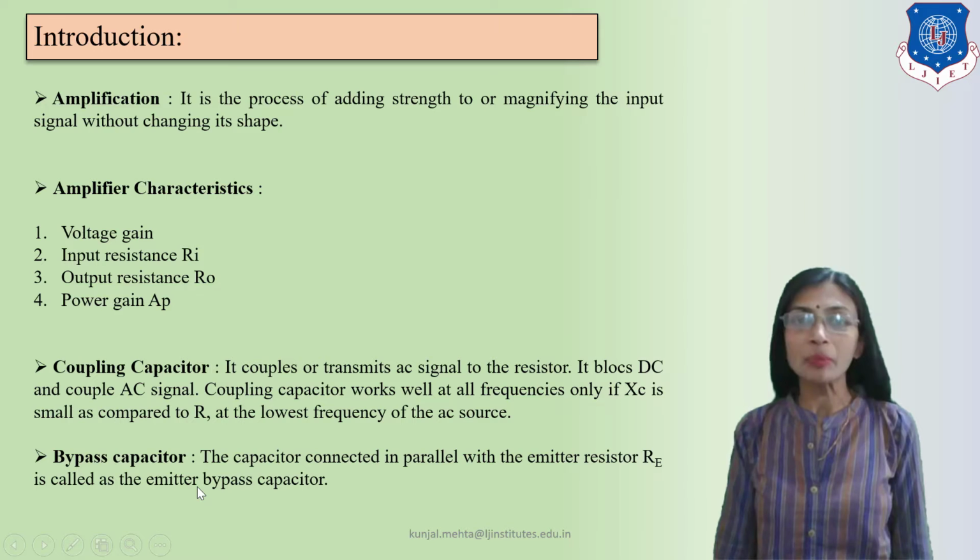It is called the emitter bypass capacitor. The coupling capacitor must be connected at the input terminal and output terminal. And similarly, the bypass capacitor must be connected in parallel with the emitter resistance Re.